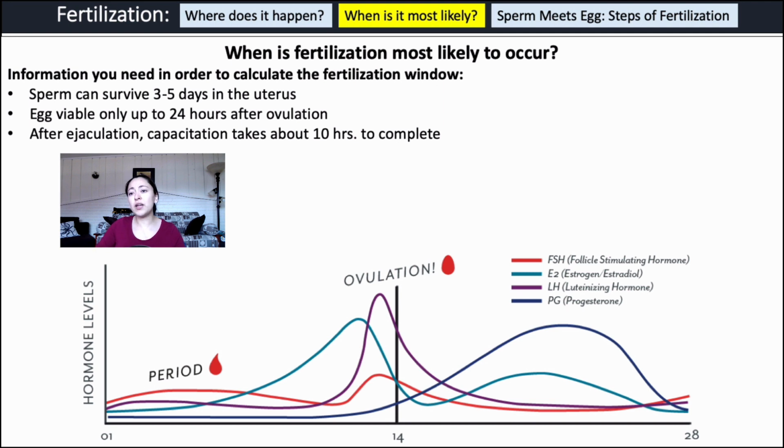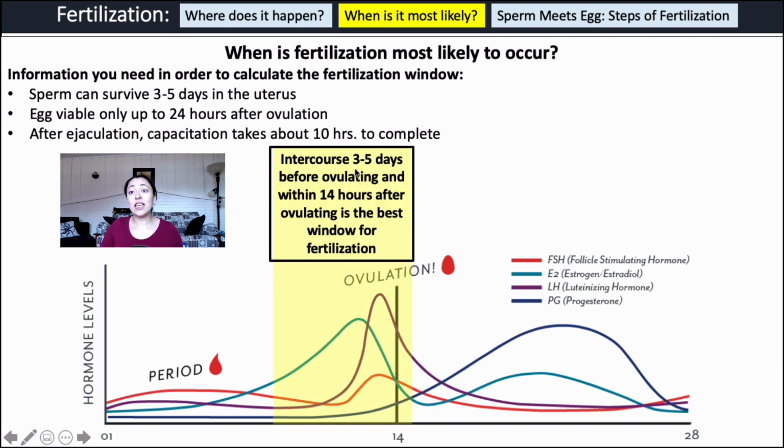So with all that information, and knowing that ovulation tends to happen in the middle of the reproductive cycle, usually the reproductive cycle is 28 days, the monthly cycle for a female, and around day 14 is usually when ovulation happens, where would be the best window for fertilization to occur based on this information?